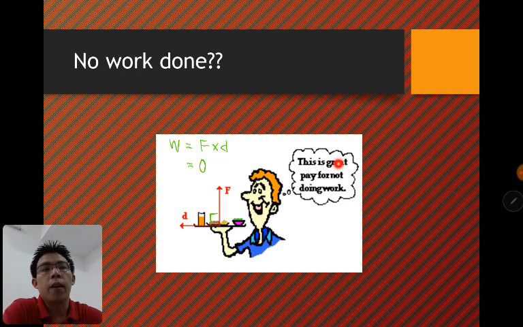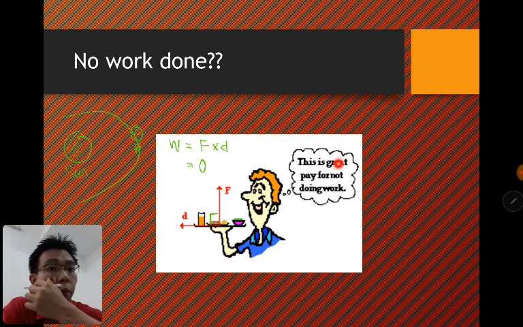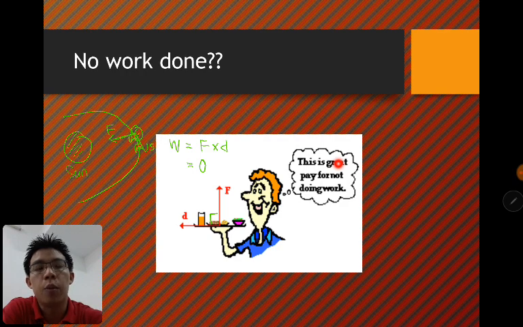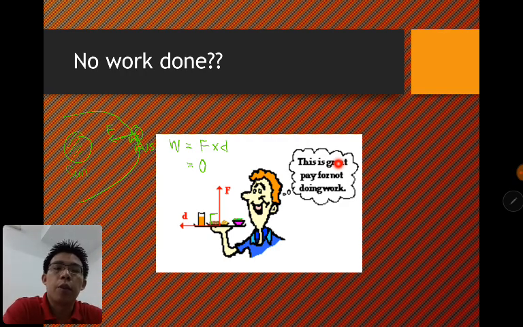There are other situations, like the earth moving around the sun. We know that the earth moves around the sun because of the gravitational force from the sun, and the instantaneous direction of movement is perpendicular to the direction of the force.